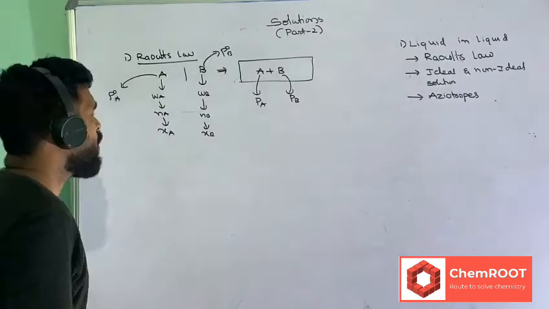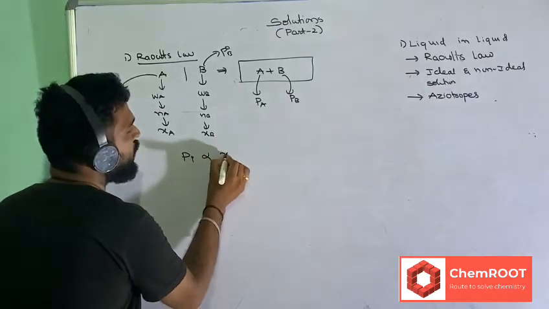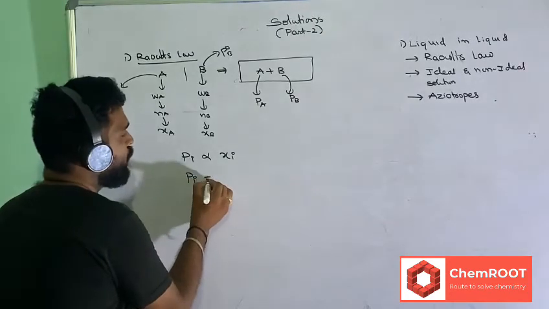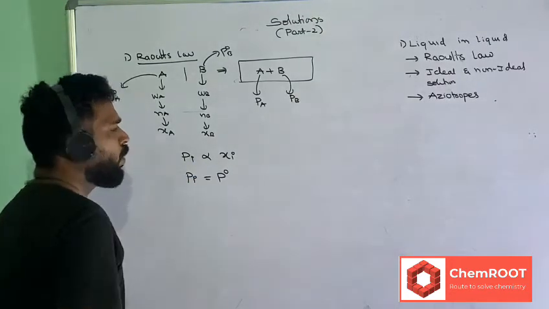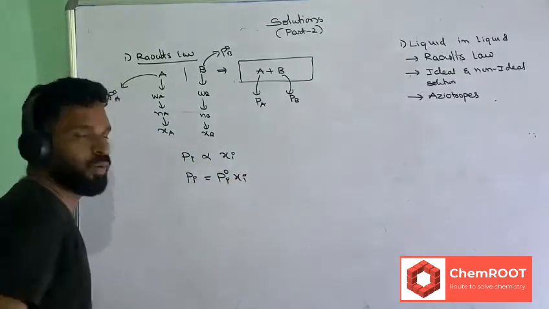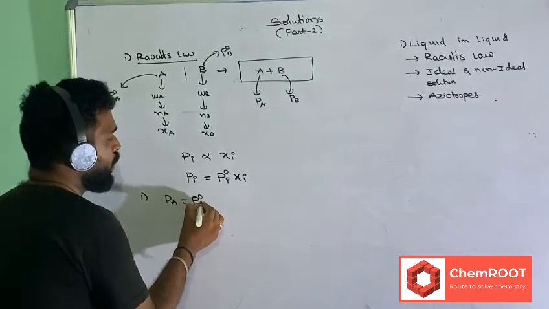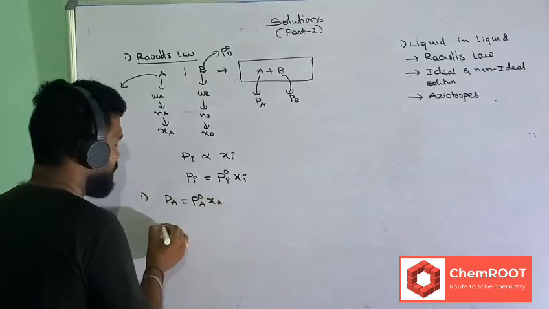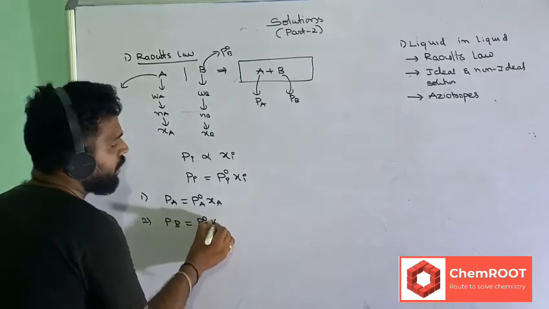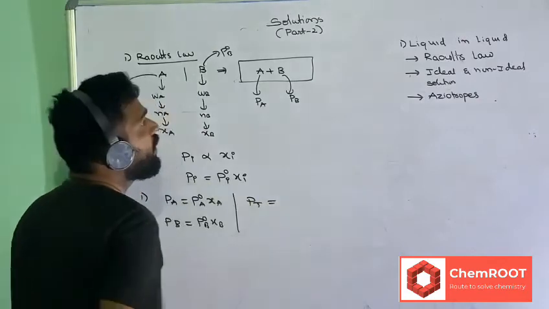According to Raoult's law, the partial pressure of any component is directly proportional to its mole fraction. So partial pressure equals the constant, which is the pure vapor pressure of that component, times the mole fraction. In case of A, P_A is equal to P naught A chi_A, and for B, P_B is equal to P naught B chi_B.